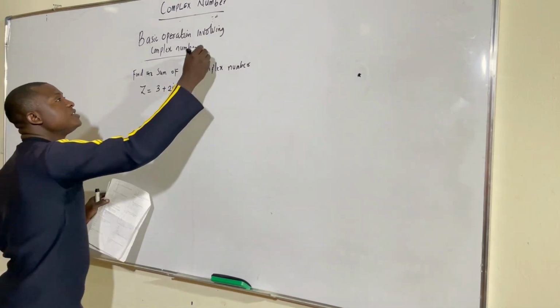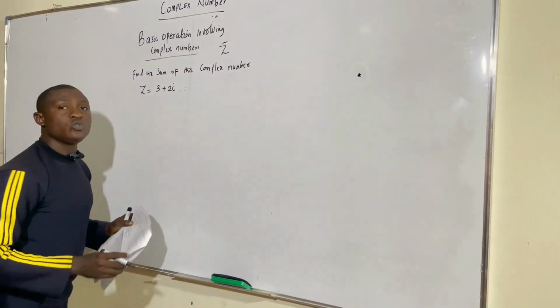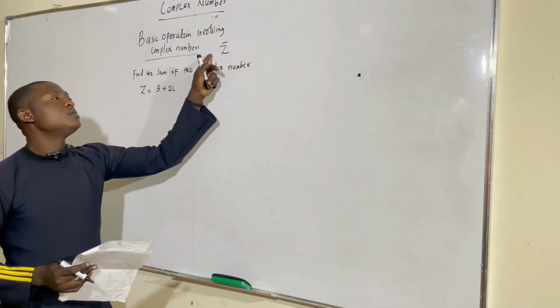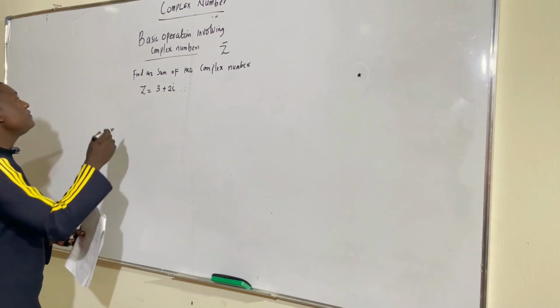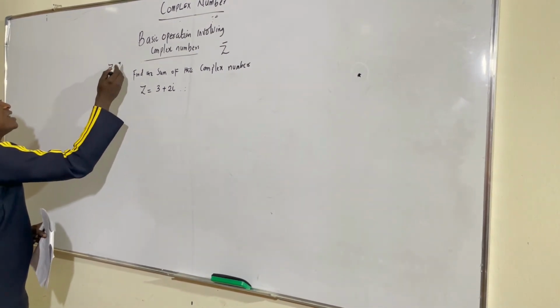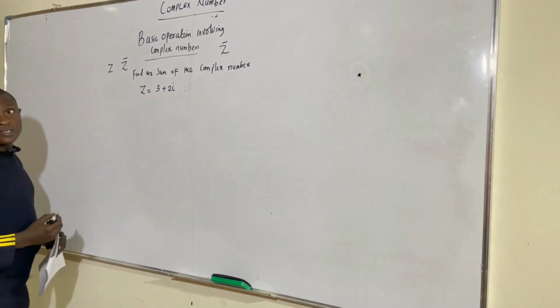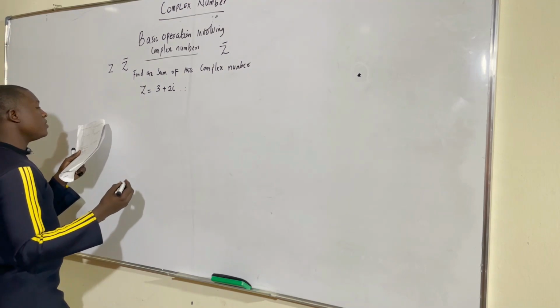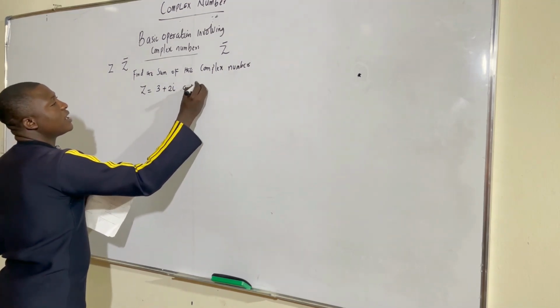In some cases, they use a bar to indicate the conjugate. If you are given a complex number like z, then the conjugate can be written as z bar.